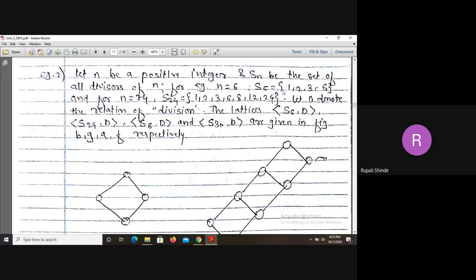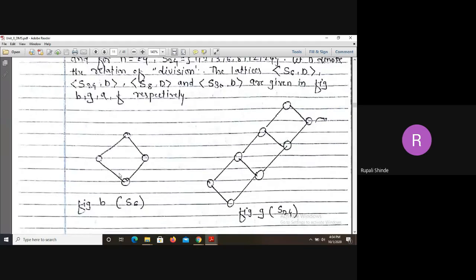S6 contains elements 1, 2, 3, 6, and that relation is the divides relation. So here this one is the first element, that is 1, then here it is 2, here it is 3, and this element is 6. So this is the lattice diagram for S6.